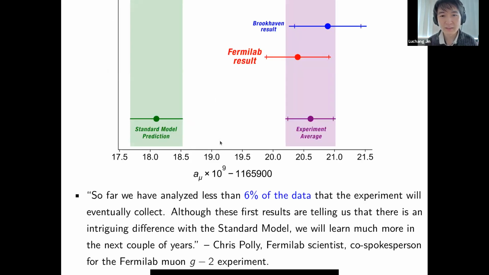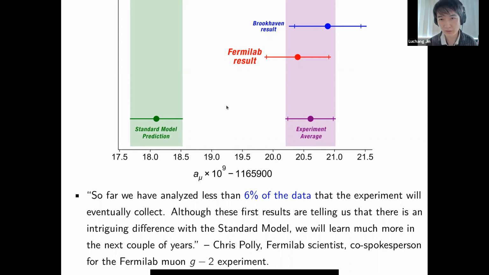This is the very recent Fermilab result announced on April 7th, which is compatible with the previous Brookhaven results. Combined, we get this 4.2 standard deviation from the standard model predictions, which I'm going to tell you where that comes from in a minute.